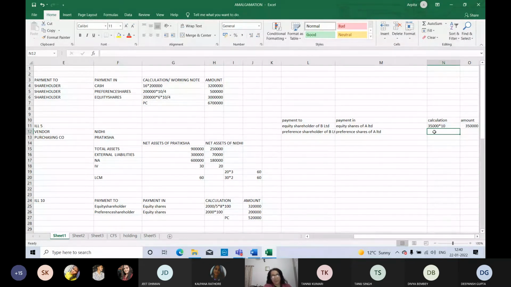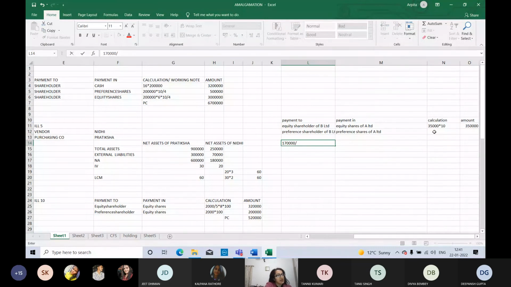If I look at the balance sheet, I already have 1,70,000 of preference shares of B Limited. And each preference share is of how much? 100 rupees.